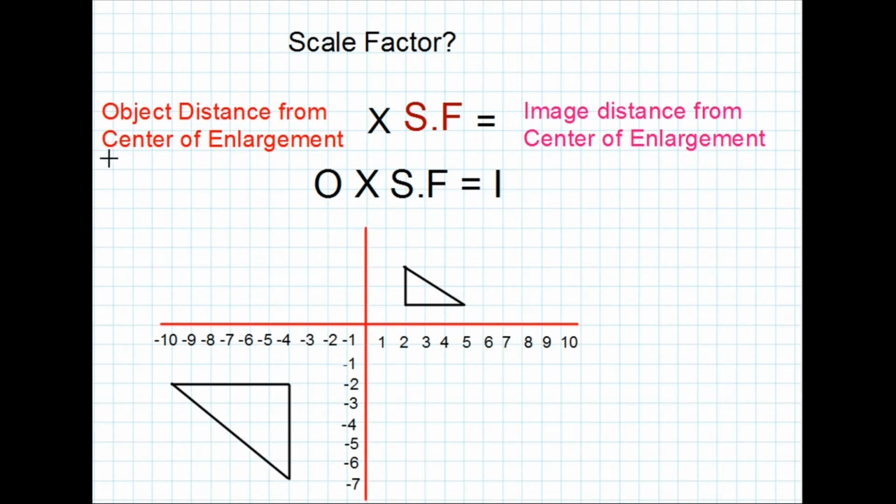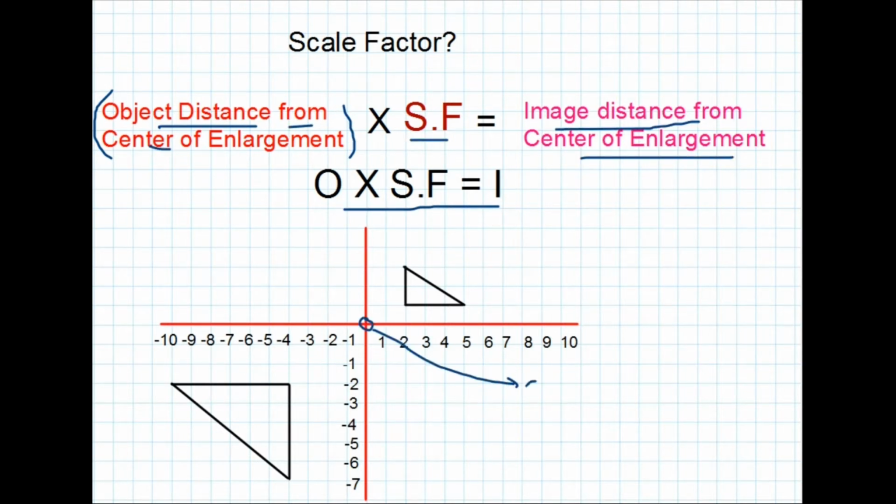The object distance from the center of enlargement multiplied by the scale factor is equal to the image distance from the center of enlargement. Here (2, 1) is the object distance from the center of enlargement. By which number will we multiply to get the image distance (-4, -2)?